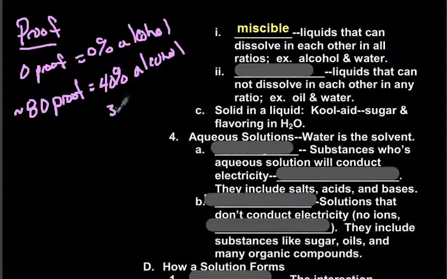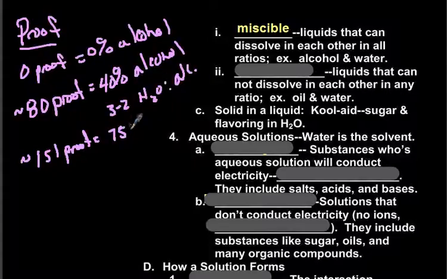Or it is a 3-to-2 ratio of H2O to alcohol. There's over-the-counter stuff here in California. The highest over-the-counter is 151 proof, which is 75.5%, about 75% alcohol.